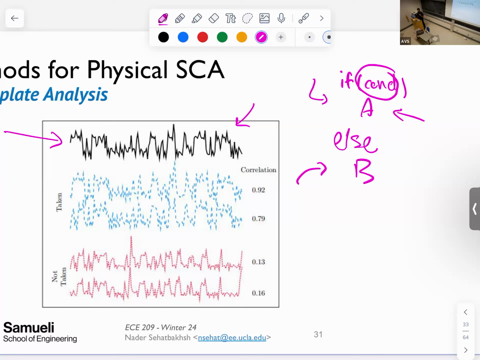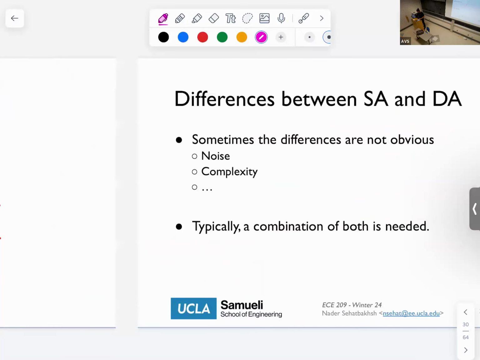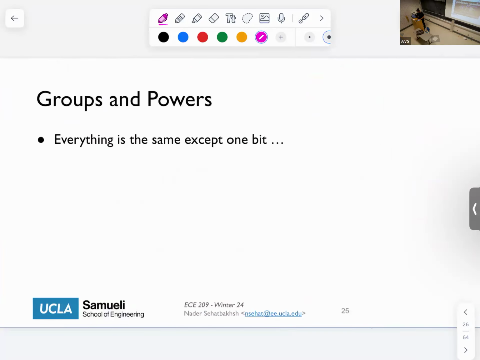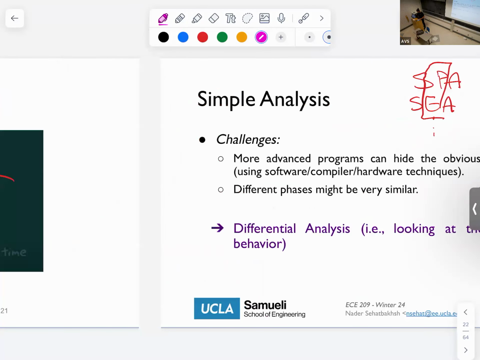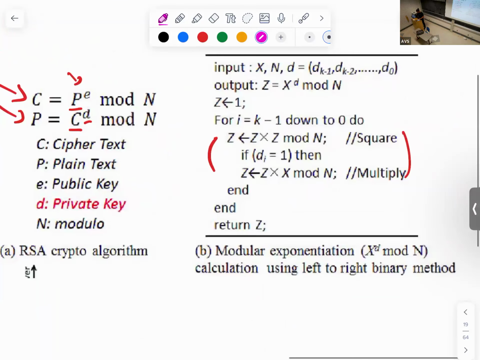Now, if you remember when we were talking about simple power analysis, we said that this is usually based on the secret. So let me go back. If you remember the SPA example, we had a scenario where if D was equal to 1, we were doing something, and if D was equal to 0, we were doing something else.